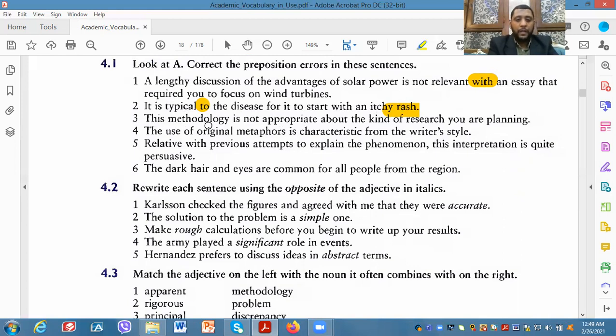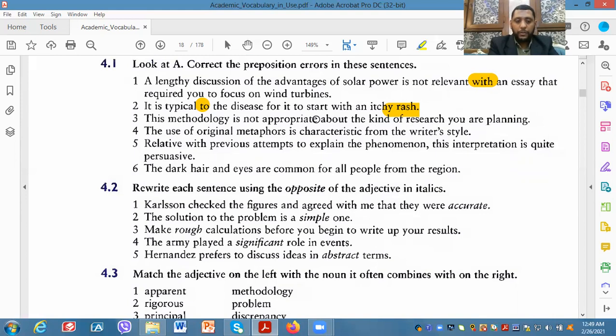3, the methodology is not appropriate about the kind of research you are planning. So where's the preposition that should be corrected in this sentence?